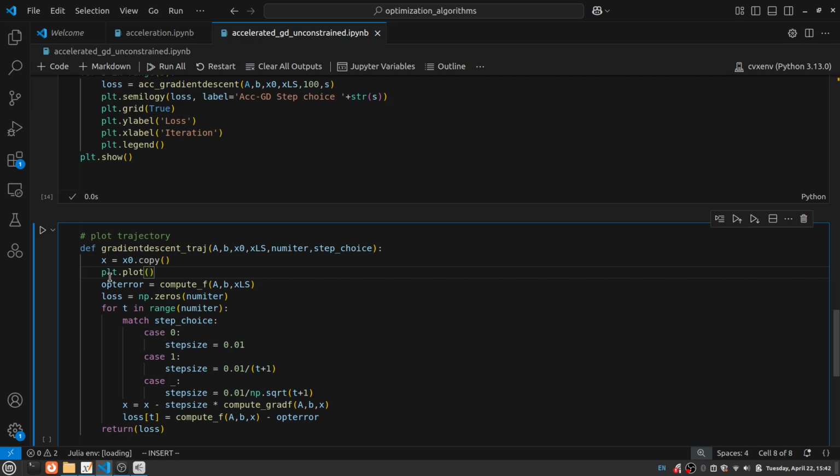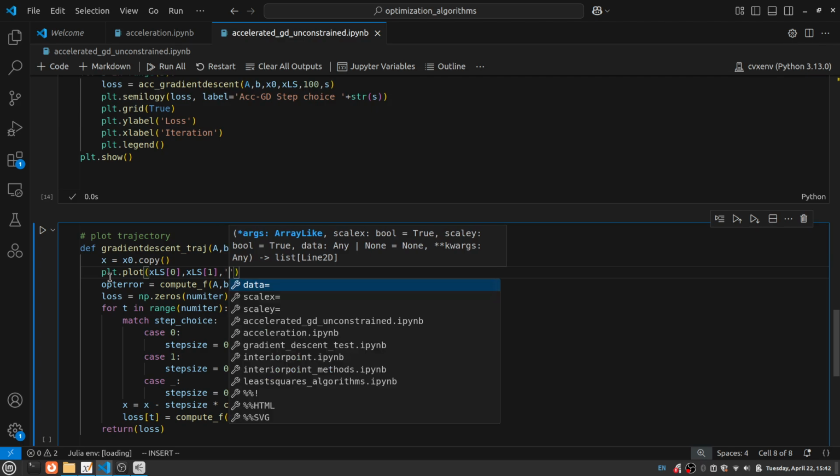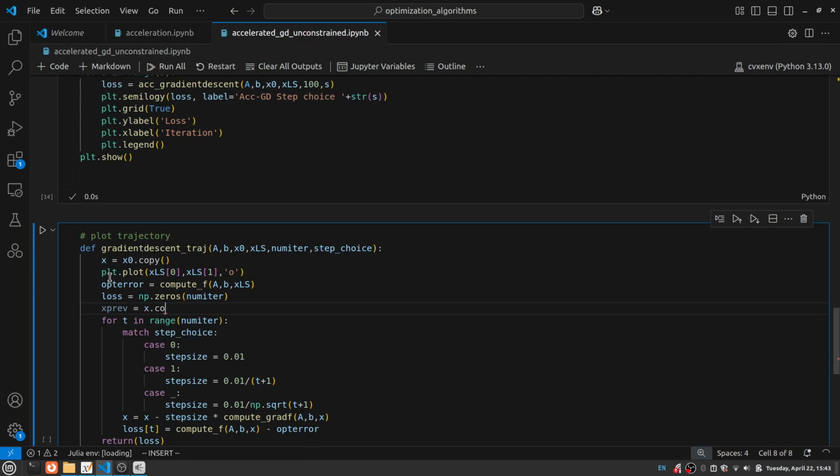Let me mark the optimal point, 0, XLS of 1. Okay, and at every step, I want to plot X. So let me do the following.